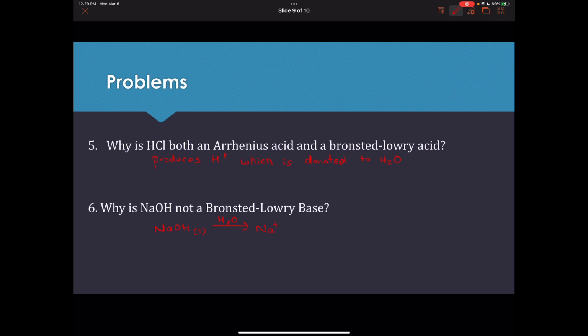I get Na plus breaking off, I get OH minus. That OH minus is not the result of proton transfer. It's just an ion that's present. And since there is no proton transfer, this is not a Bronsted-Lowry base. To be a Bronsted-Lowry base, something had to have gained a hydrogen. There is no hydrogen movement here.